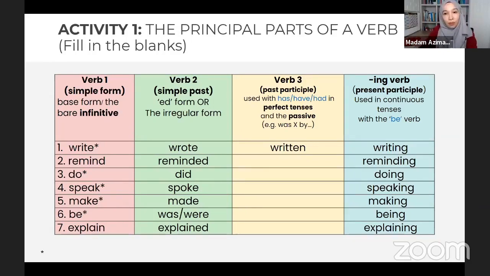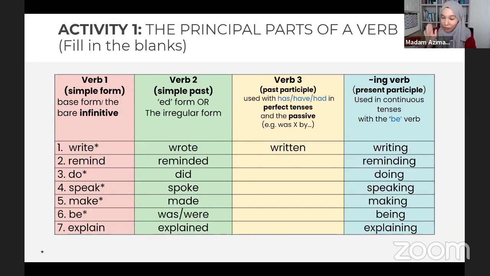And then the ing form, it's very easy. All you have to do is add ing. And the official name, the formal name, is present participle. All of these names get learners confused and maybe they hate grammar because of it. Okay, so that's why I'm here to be with you and help you out. All right. So the ing verb is normally used in continuous tense.